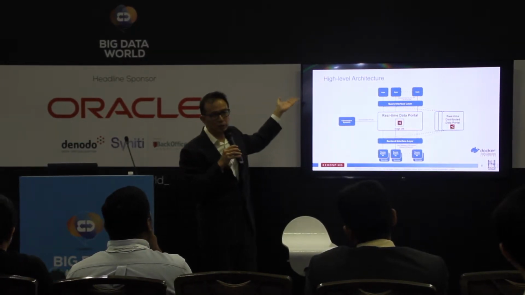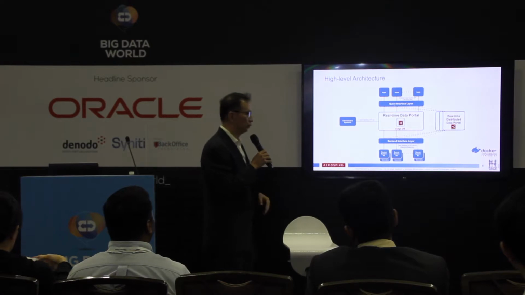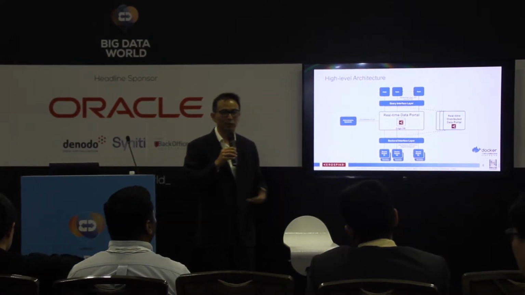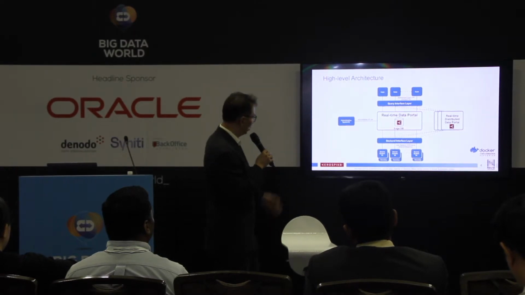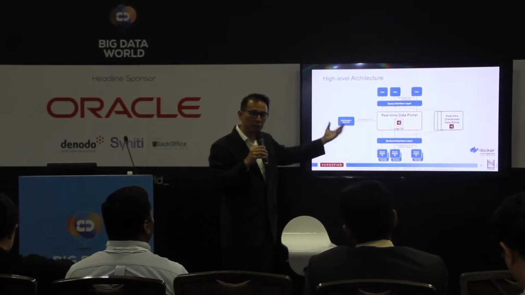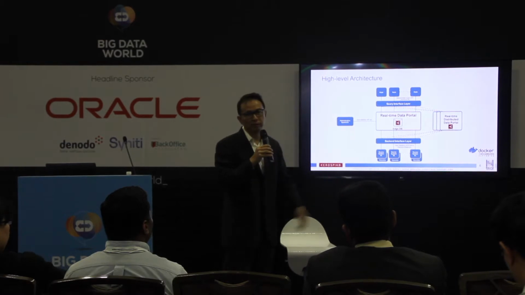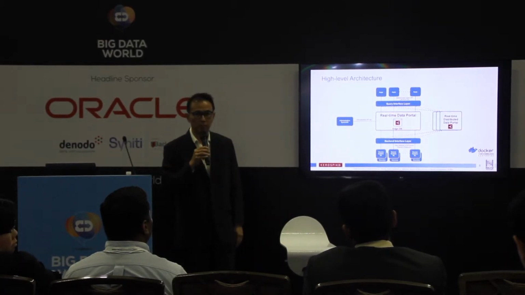Now the northbound application, all they have to do is make a simple standard API query through the Data Porter. They no longer have to make all the complex API queries to the backend IT system.